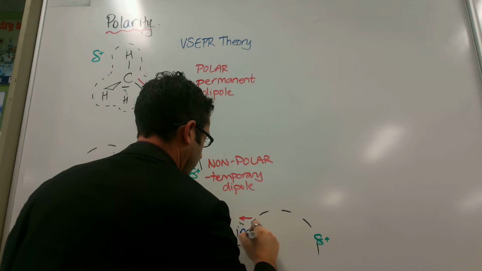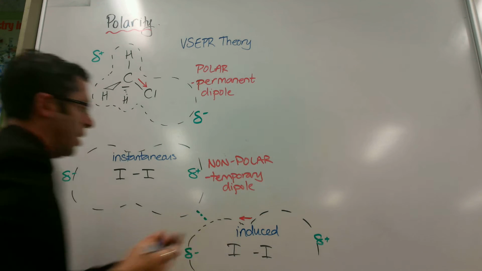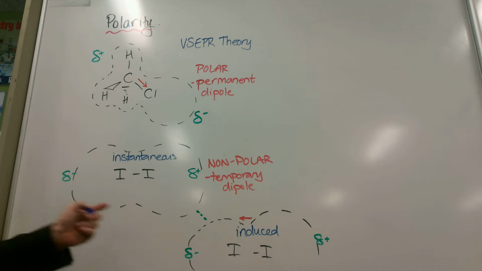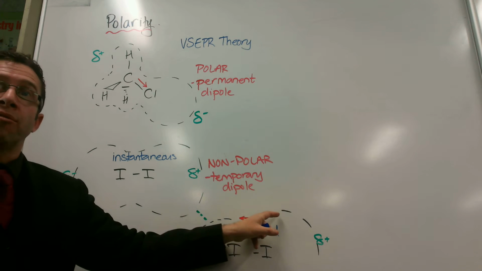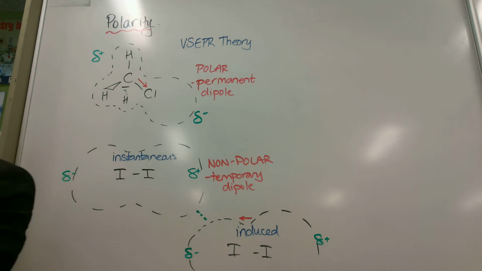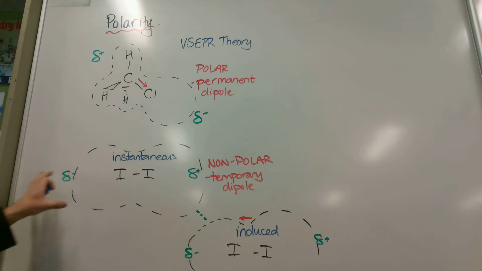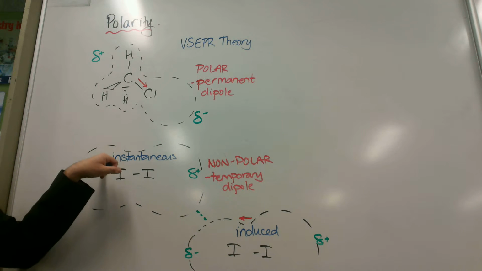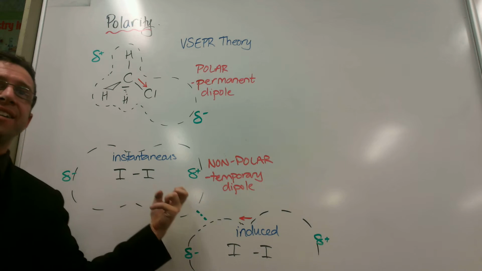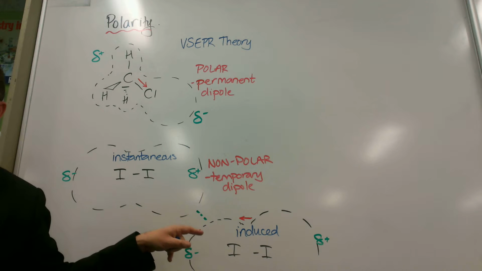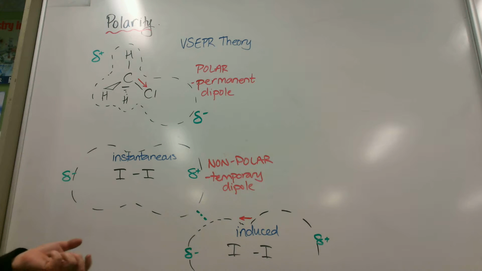That happens a lot, which means that iodine has a lot of temporary dipole forces, which is why it's a solid at room temperature. This is because of the large electron cloud, meaning there's a higher probability of instantaneous dipoles forming. However, as soon as I heat it, I break almost all of these, because the induced dipoles are uninduced.